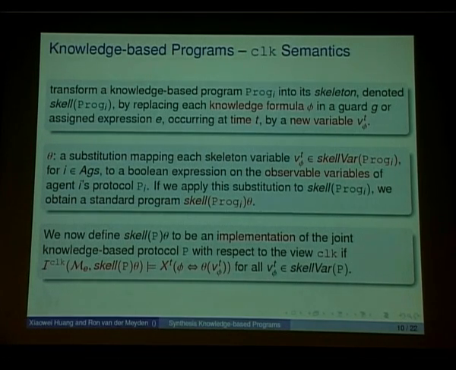In this way we transform a knowledge-based program into a skeleton. Then we define a substitution. This substitution is a mapping from the skeleton variables to Boolean expressions over the observable variables of the agent. Then we apply this substitution to the skeleton. In this way, we get a standard program.